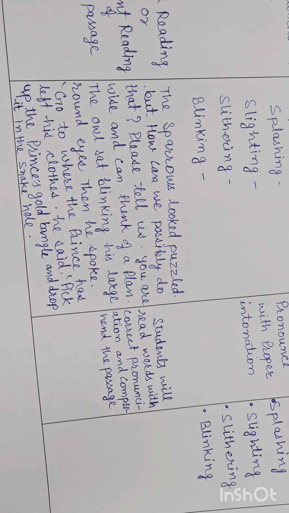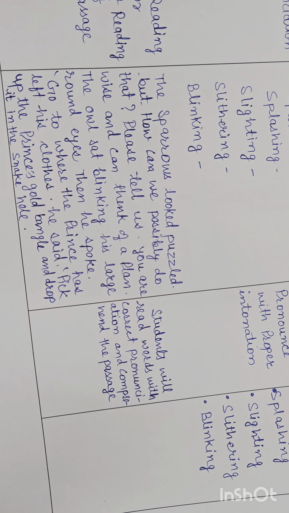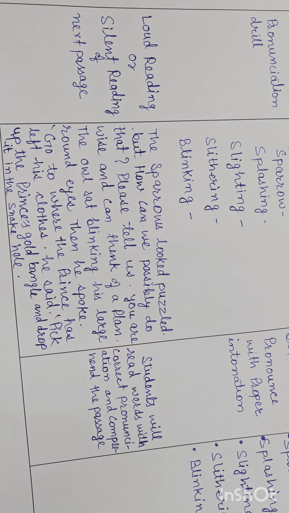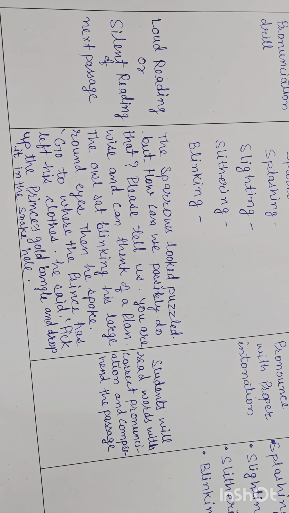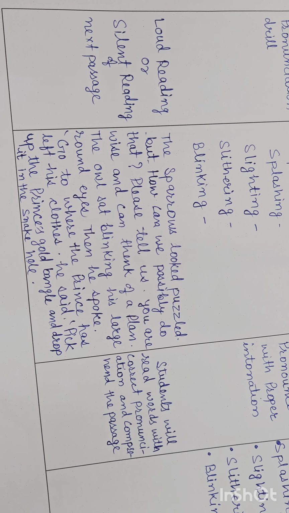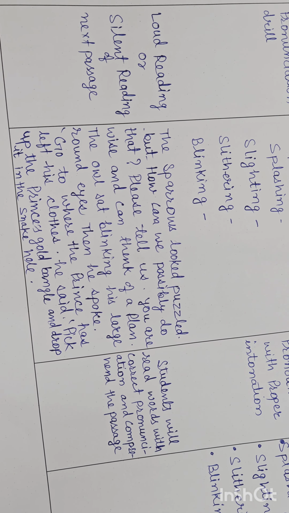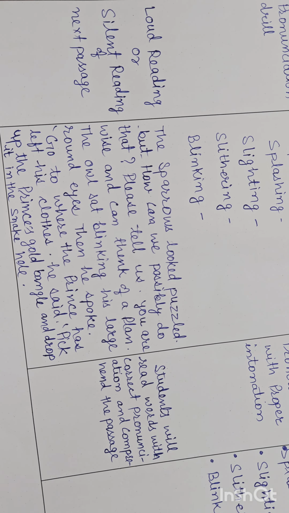Students will read words with correct pronunciation and comprehend the passage, because the teacher already explained half of the story. Next they will be curious to know what will happen next. That's why they will read interestingly and they will comprehend. They will try to comprehend the story as per their own ability.